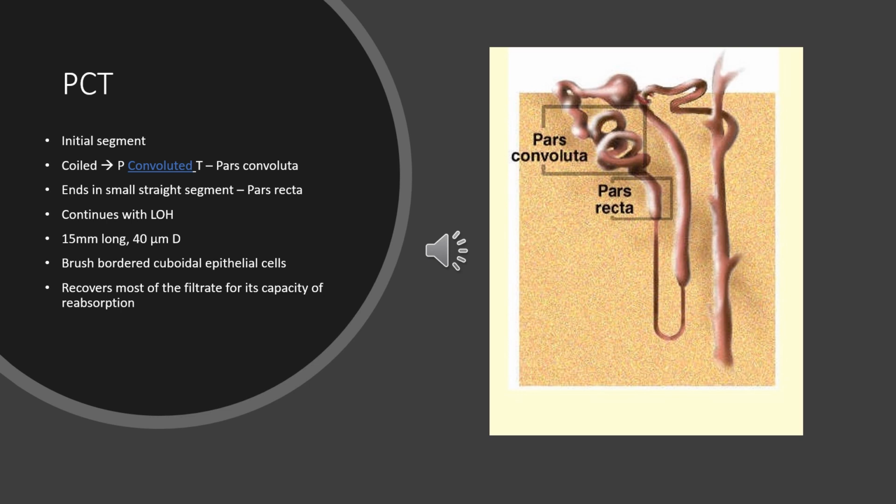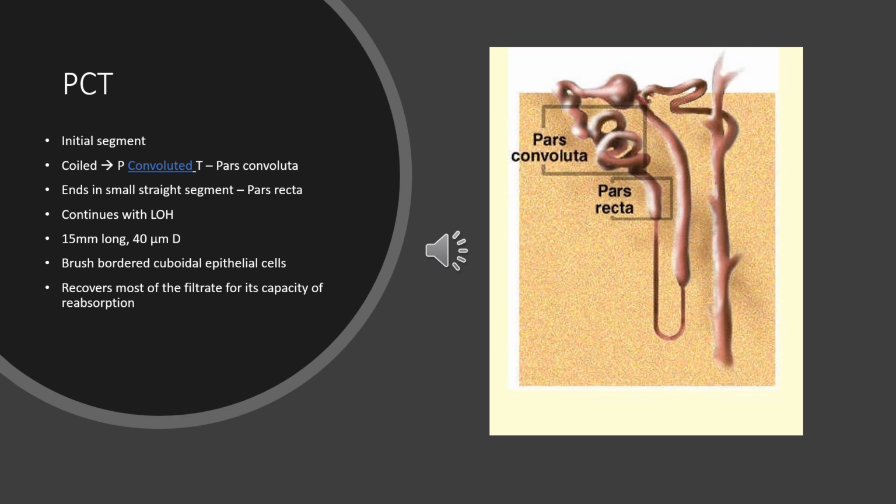And it ends in a small straight segment which continues to form the loop of Henle. So the initial major convoluted portion is called pars convoluta, and the distal smaller straight portion is called pars recta.